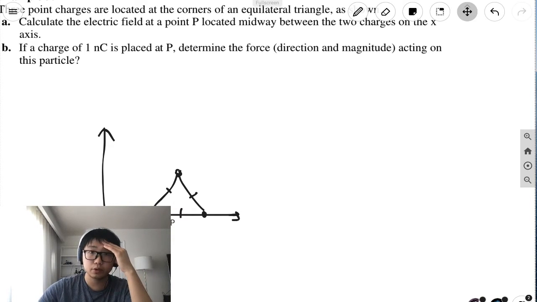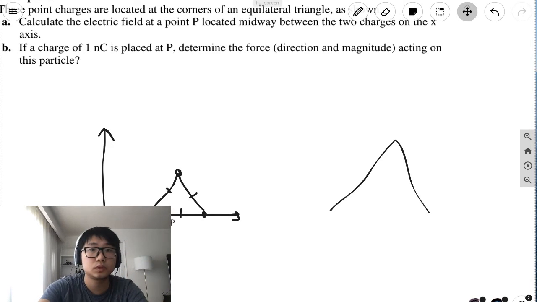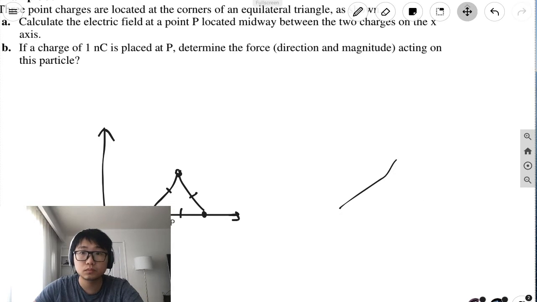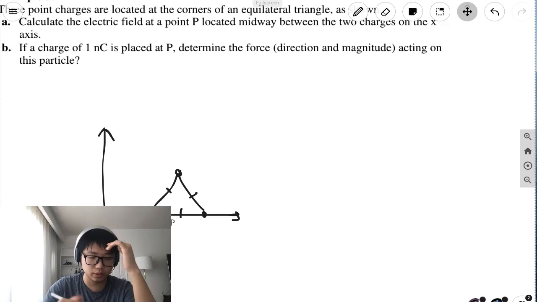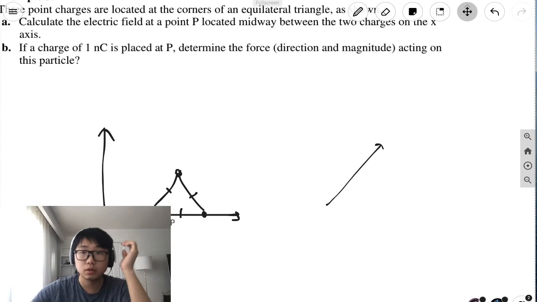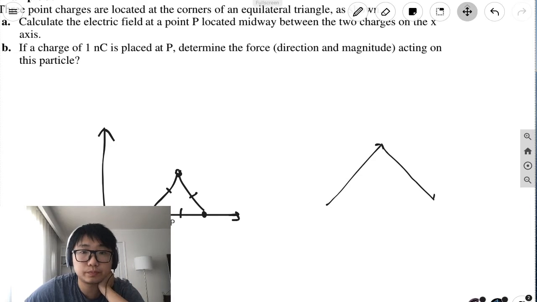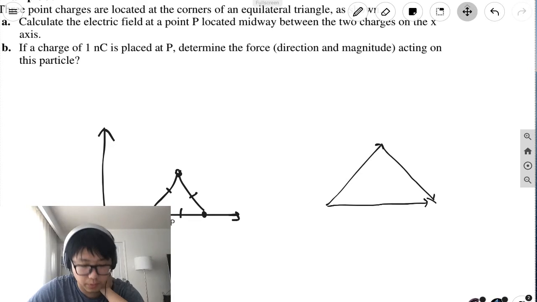Yep, that diagram looks good to me. You didn't really need to even put the axis in. So I want point P located midway between the two charges.